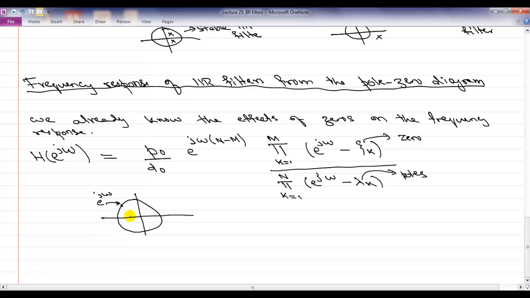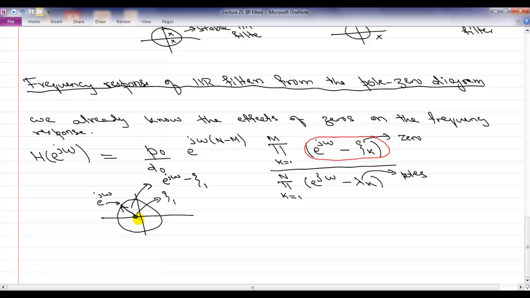Now, if you have a zero here, let's call it zeta 1, then what is this vector? This vector is e to the j omega minus zeta 1. That is what this entire term is talking about. This term is simply the vector that is going from your zero location to the frequency you are interested in.